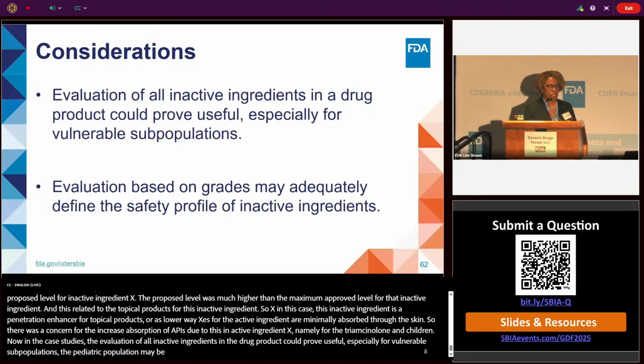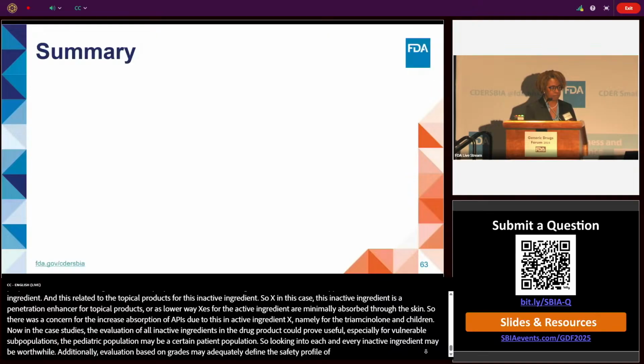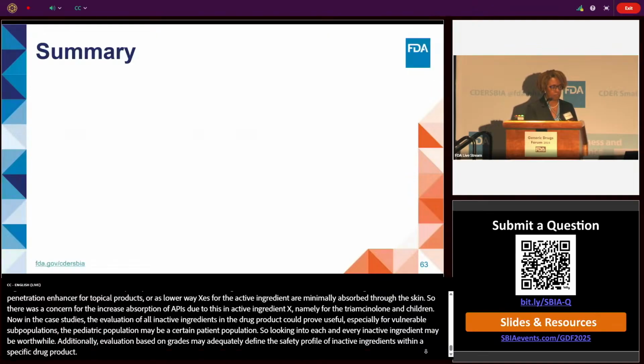So looking into each and every inactive ingredient may be worthwhile. Additionally, evaluation based on grades may adequately define the safety profile of inactive ingredients within a specific drug product.